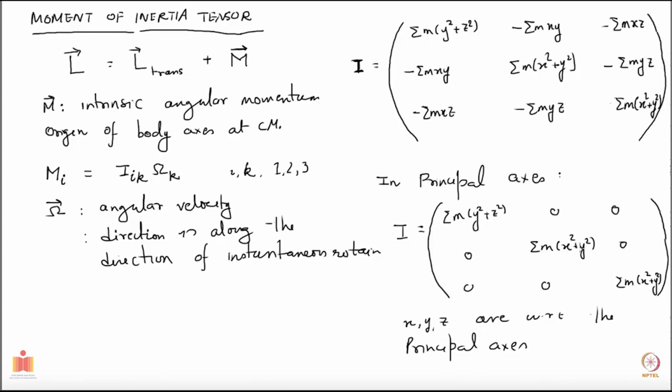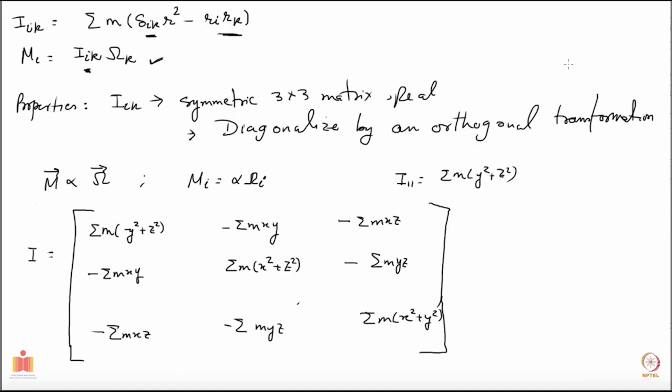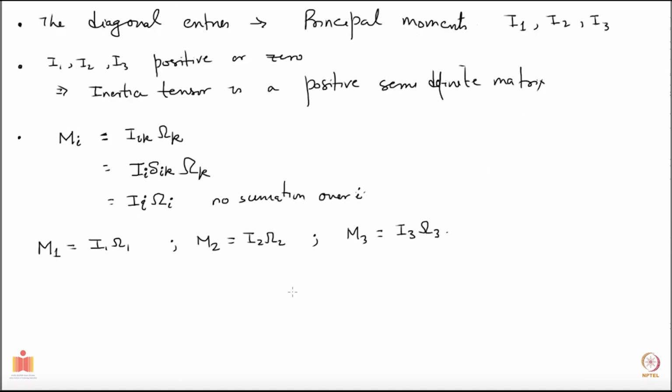Here is a mistake: this should be x squared plus z squared. Did I make that mistake again? Here also. Let's go back. Was it incorrect there? No, it was fine there.